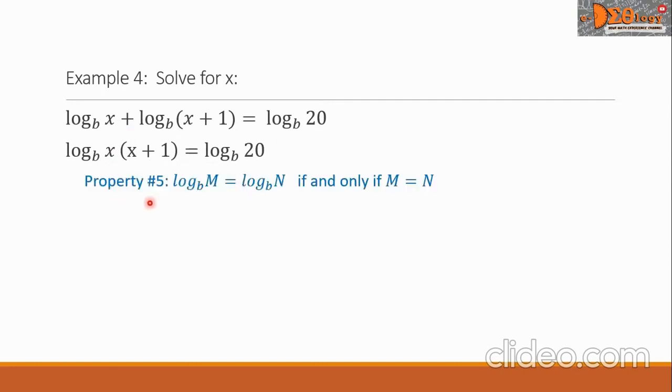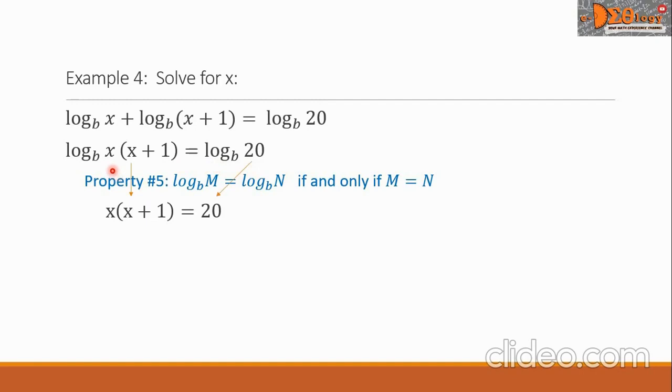We have property number 5 that says the log of capital M to base b is equal to the log of N to base b if and only if M equals N. It means that since both the left side and the right side are logarithms to base b, we can remove the logarithm directly from both sides.